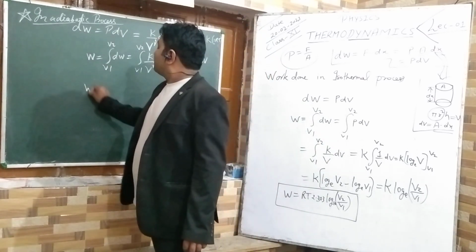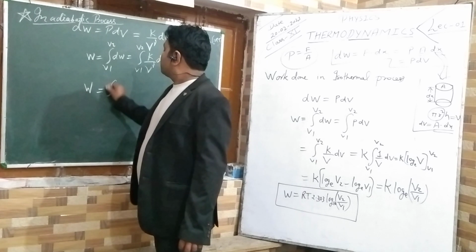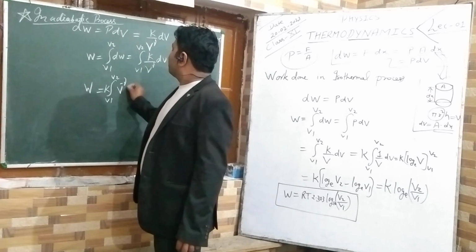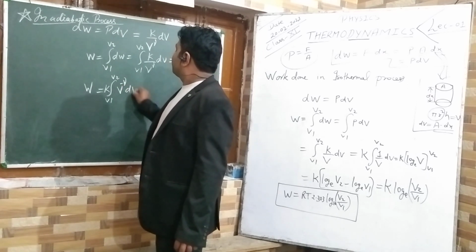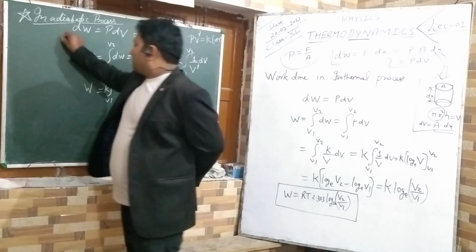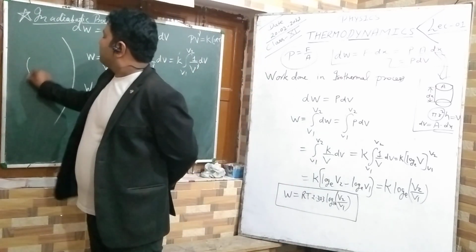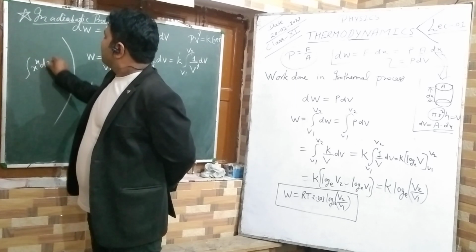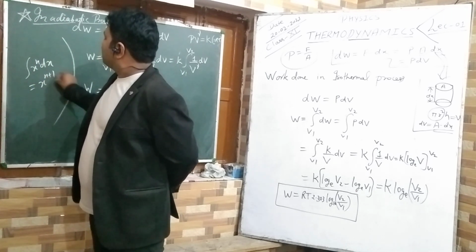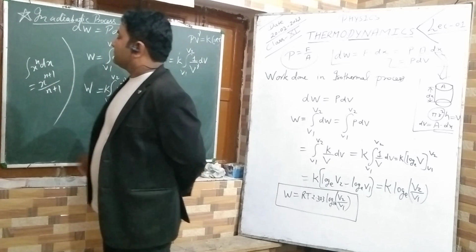Then W equals K integration V1 to V2 V power minus gamma dV, and this minus gamma just operates on the formula, integration of x power n dx, which gives x power n plus 1 upon n plus 1.